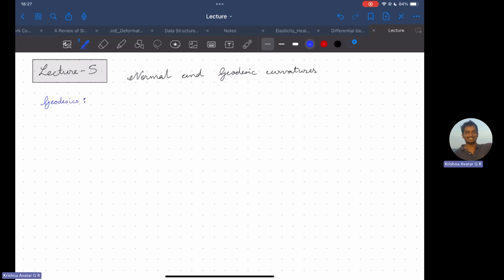So geodesics are essentially curves on a surface, curves embedded in a surface, are what we call geodesics. And particularly, the goal is to understand what is the curvature of a curve which is embedded in a surface. That is what we aim at.